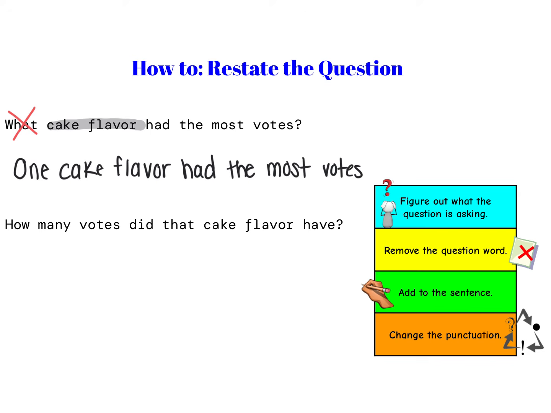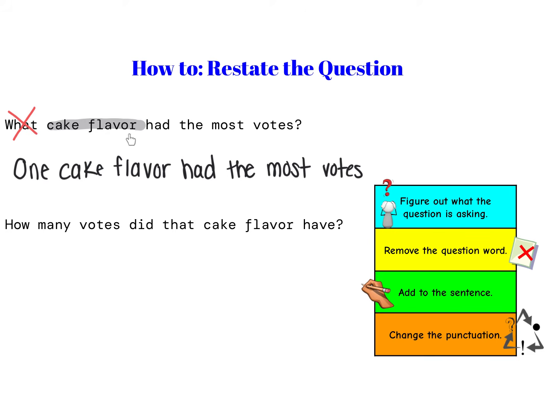Now, using the word one won't always work, and that's why it's very important that we know what the question is asking. Depending on what the question is asking, that's going to tell you what you should add to the sentence. Now, all that's left for me to do is change the punctuation.